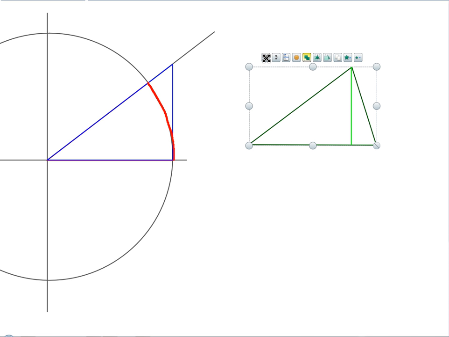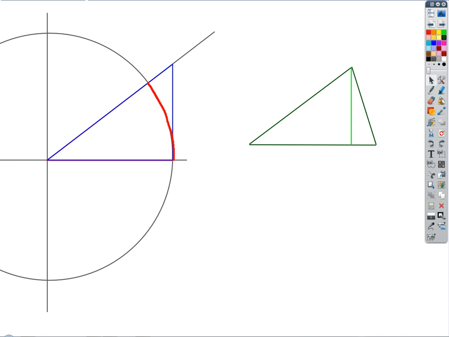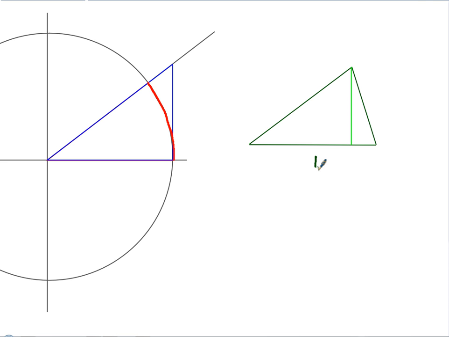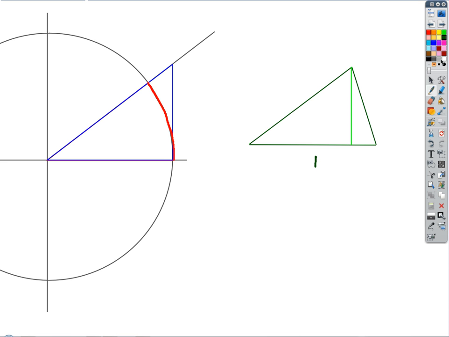If it's inside of a unit circle, what did we say the area of this guy was? Sine theta over 2, good, because we knew that the base of this thing, from here to here, was 1, right? And we said that this is theta in here.